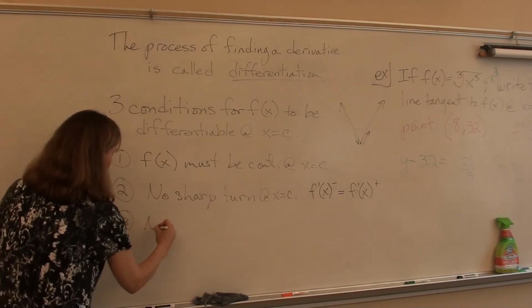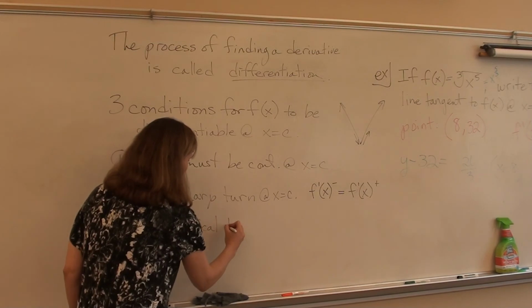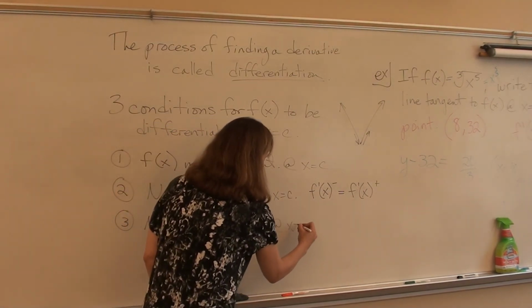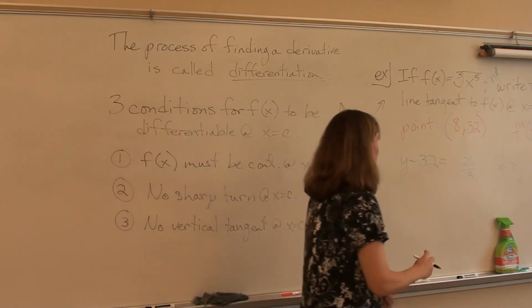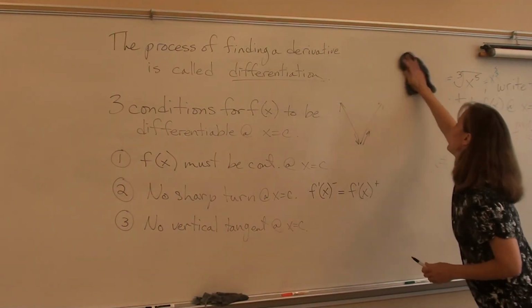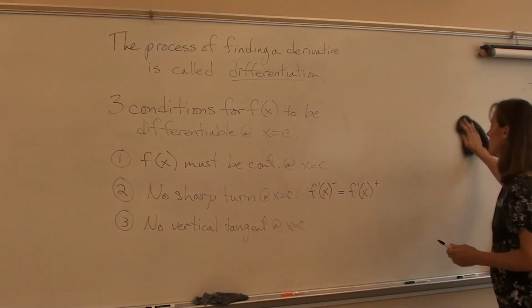Alright, and then the last one, no vertical tangent at x equals c. So a function obviously cannot be vertical because it would fail the vertical line test. But a tangent line can be vertical.